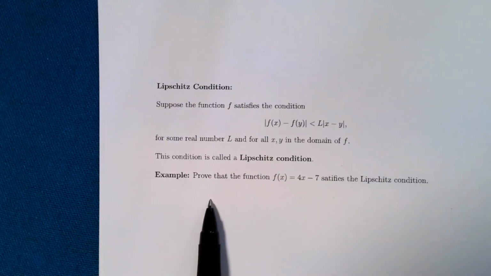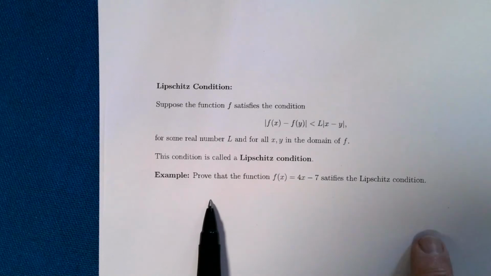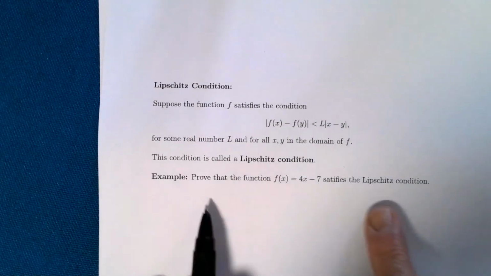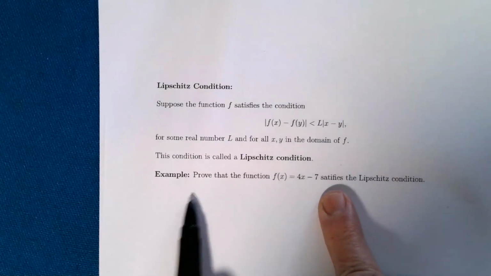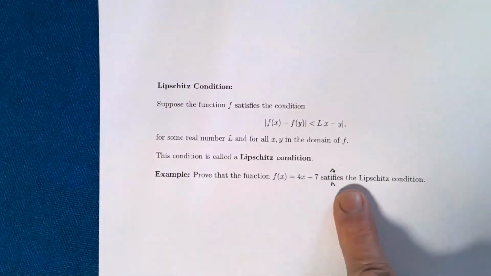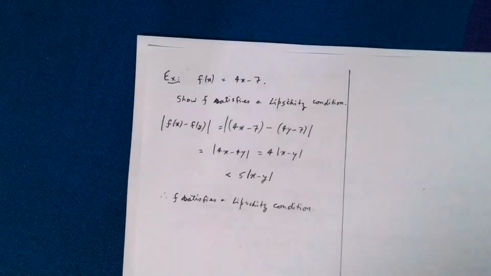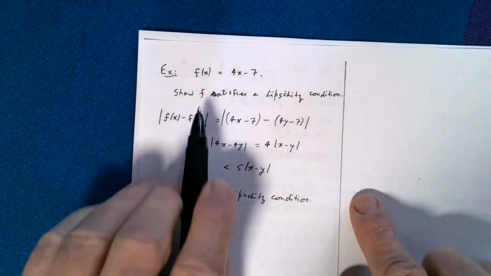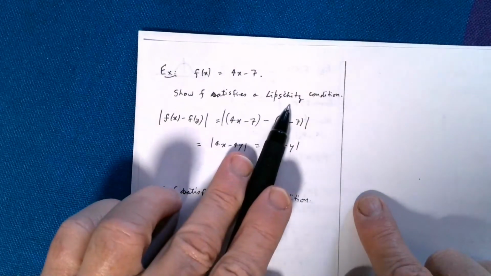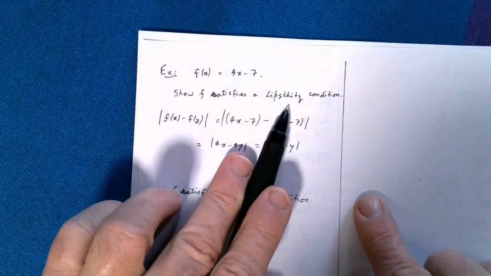So just as an example, we're going to firstly prove that this function f of x equals 4x minus 7 satisfies the Lipschitz condition. I've left a little s out there. So here's the proof of that one. We've got f of x is 4x minus 7, and I want to show that f satisfies this Lipschitz condition.